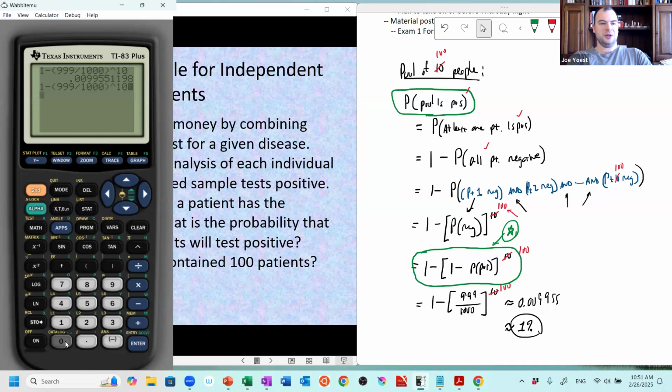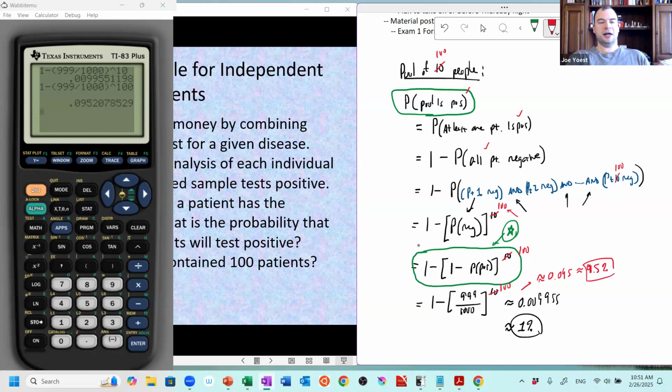I just need to change the exponent of 10 to 100. I have the same formula, but with just 100 replacing 10. And I see I get 0.095, or about 9.5%.